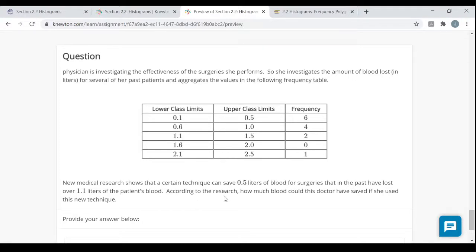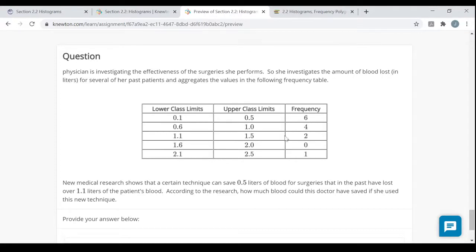So according to the research, how much blood could this doctor have saved if she used this new technique? So you look at this table, they're saying that this only applies to patients who in the past have lost over 1.1 liters of blood. So I start at the lower limit of 1.1 here. Anything in the last 3 classes would have lost over 1.1 liters of blood.